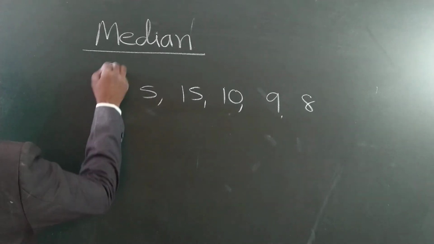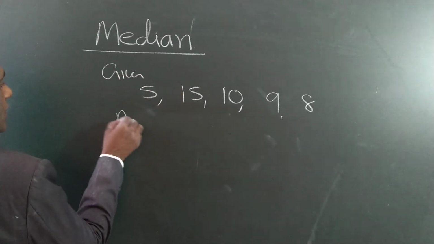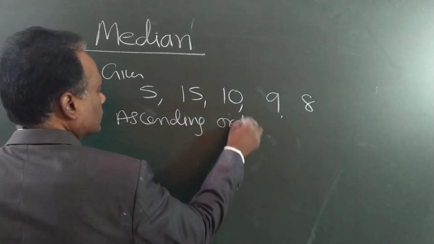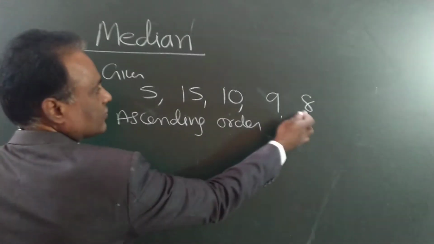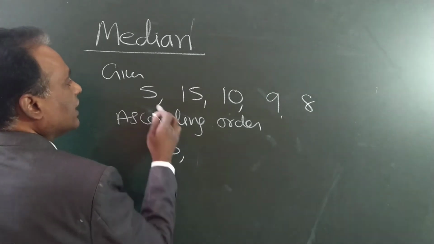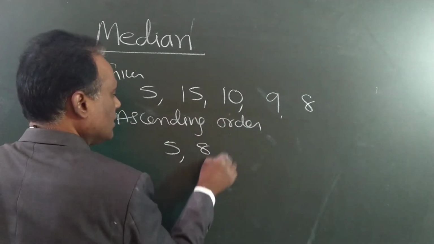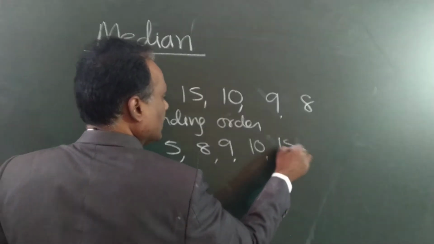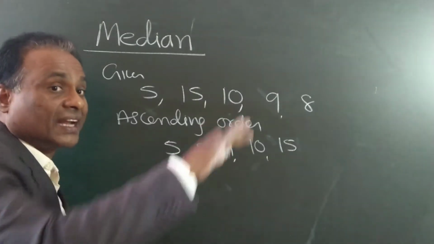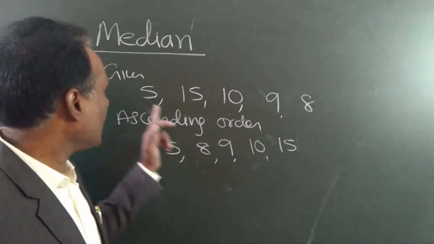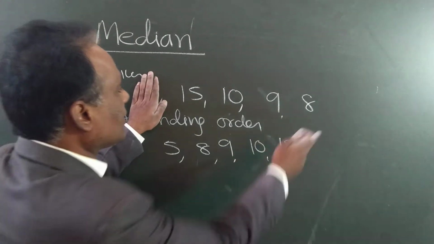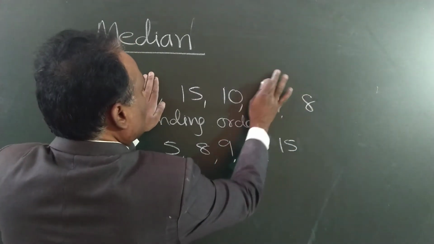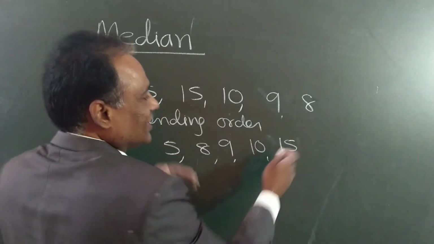See here, these are the given numbers. Ascending order, don't write. Which is the smallest number? 5. Next smallest is 8. Next is 9. Next is 10, 15. Arranging in order from smaller to greater: smallest is 5, next smallest is 8, next is 9, next is 10, greatest is 15.